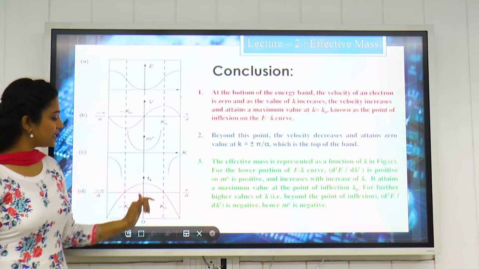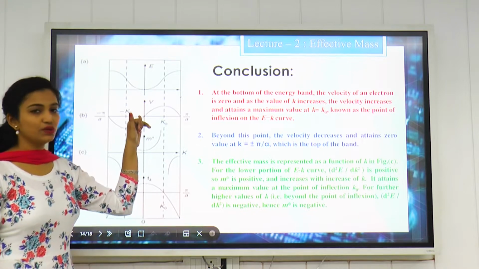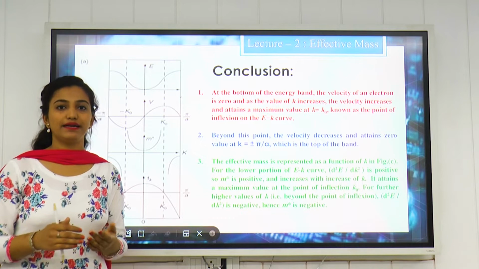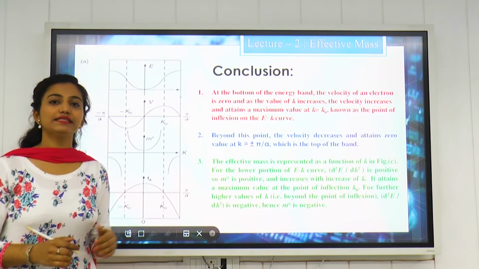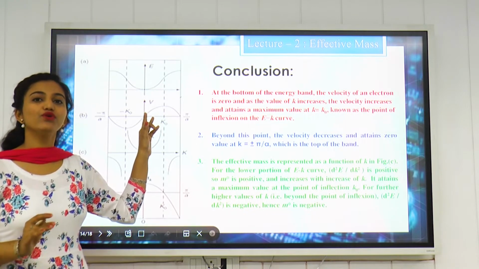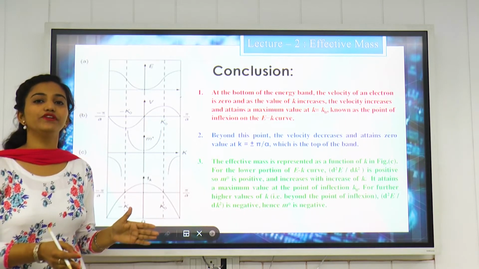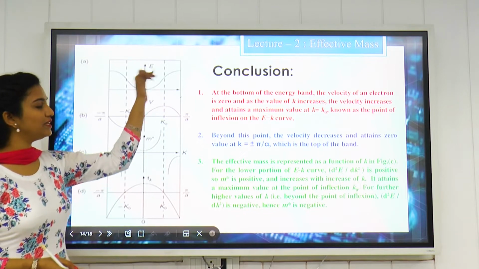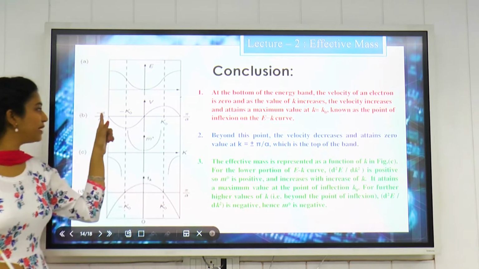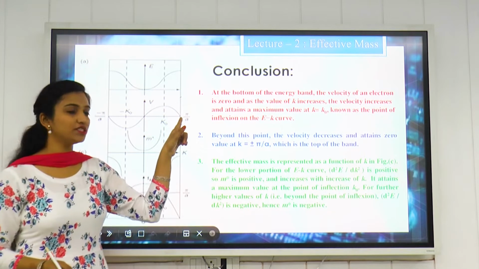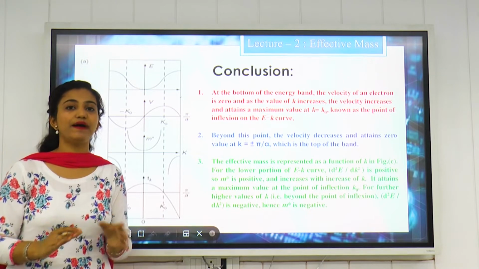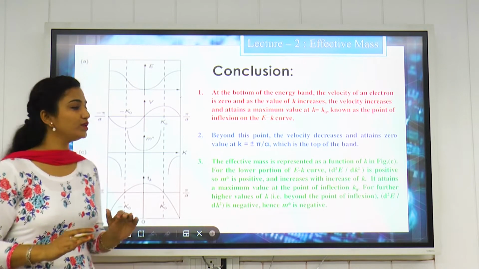When the k value is equal to 0, it represents the bottom of the band. At the bottom of the band, the velocity of the electron is actually 0. There is no conductivity. That is what we concluded from the previous graph of the Ek curve. And when k is equal to plus pi by a or minus pi by a, again the velocity is 0, because it is bound inside the band. The band is completely filled up to the neck.